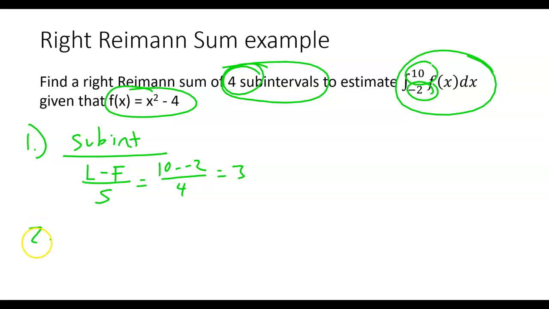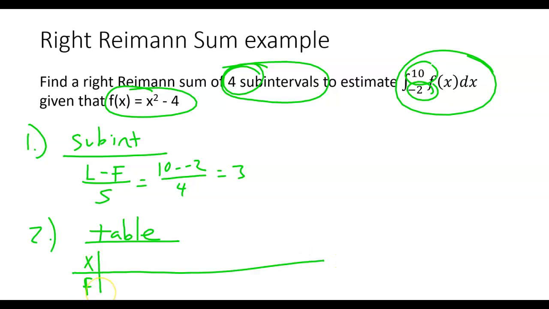Okay? So that tells me how to make my table. We're going to have some x values, and we're going to have the output values here. So we start at negative 2. And then we go up by 3's after that. So if I add 3, I get to 1. And if I add 3 to that, I get 4. Now, why am I adding 3?